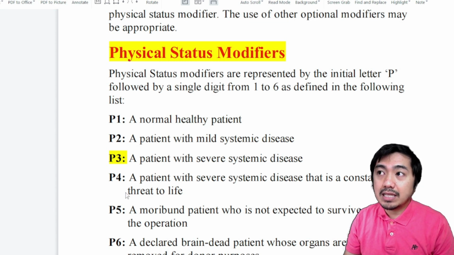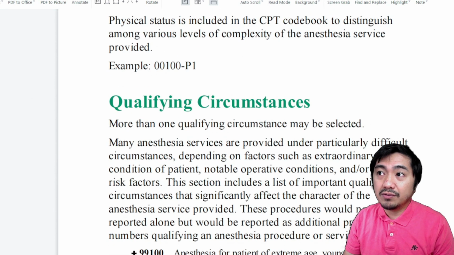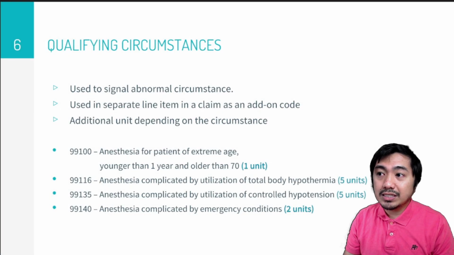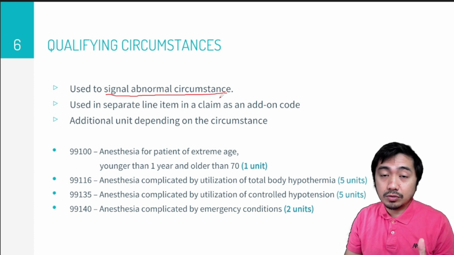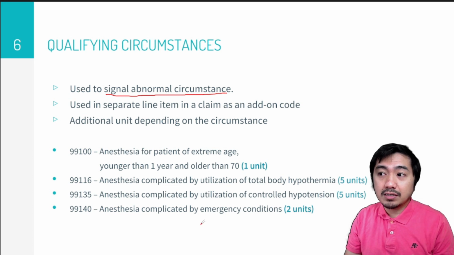Alright? And let's now go to your next one, which is your qualifying circumstances. As you can see, it's used to signal abnormal circumstances. And these are add-on codes, to be exact, that you will append in conjunction with your anesthesia procedures. Okay? Same as your P1 to P6 modifiers, all right?